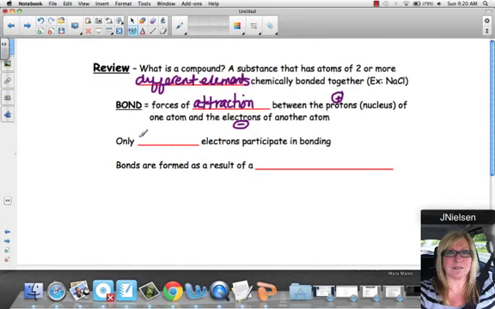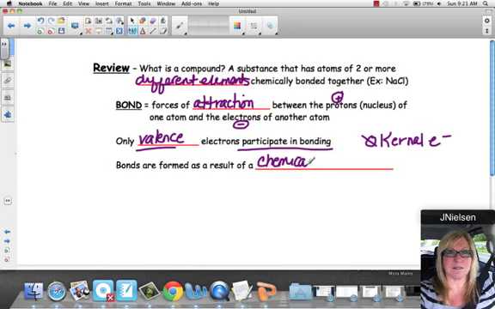And remember, it's only the valence electrons, those electrons in the outermost shell, that participate in bonding. No kernel electrons are involved in bonding. Bonds are formed as a result of a chemical reaction.